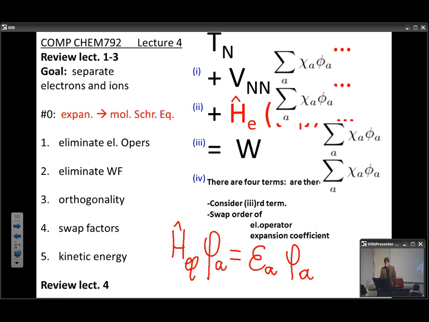back. And here the H is an operator with respect to electronic space, and this is a number in the sense that it is an eigenvalue. It is a number, which means that it is not an operator.